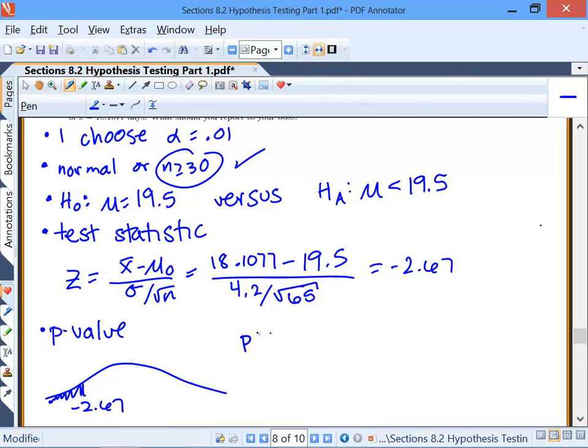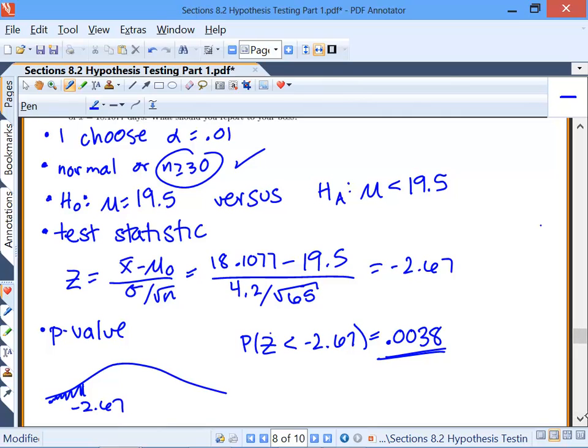So my p-value that I'm looking for is the probability that z is less than negative 2.67, and I look it up on my Z table. So 0.0038, that's my p-value. Everyone get the same thing?